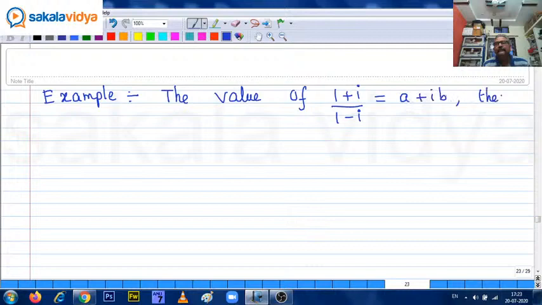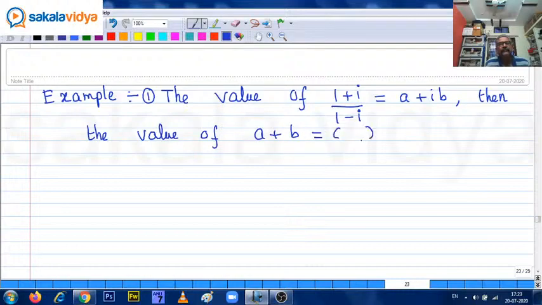Then the value of A plus B equals to: first option 1, second option 2, third option 0, fourth option minus 2. So now you do this problem. Okay, you think.